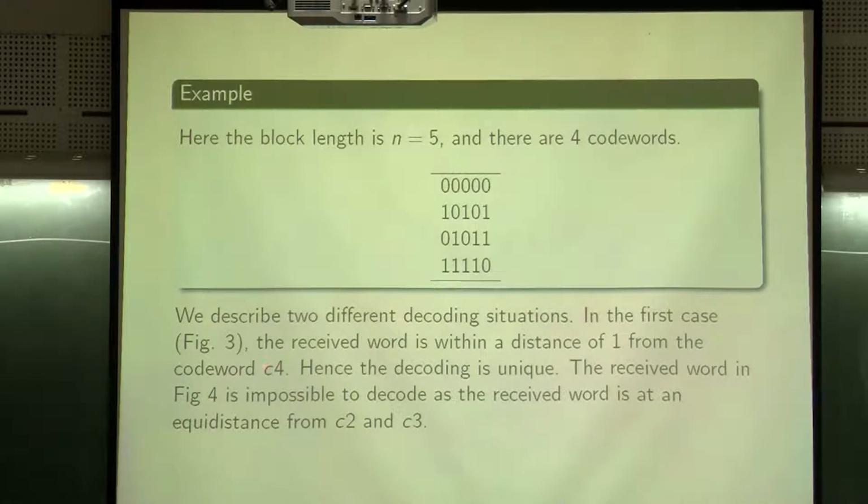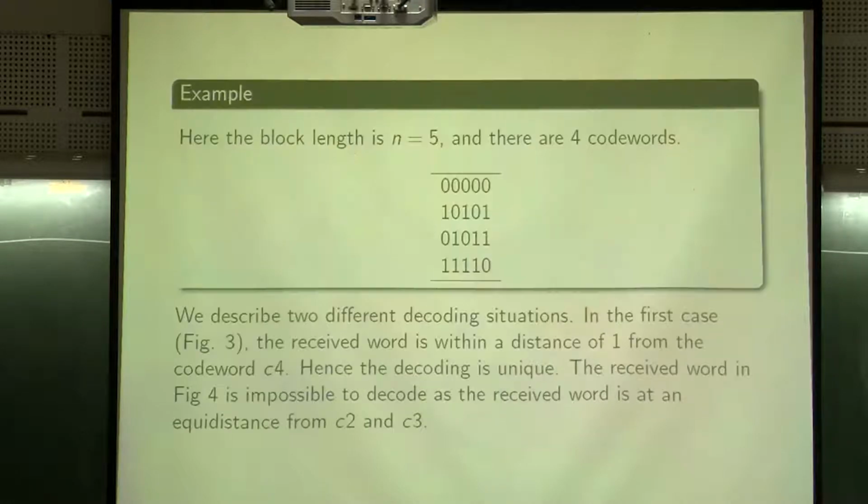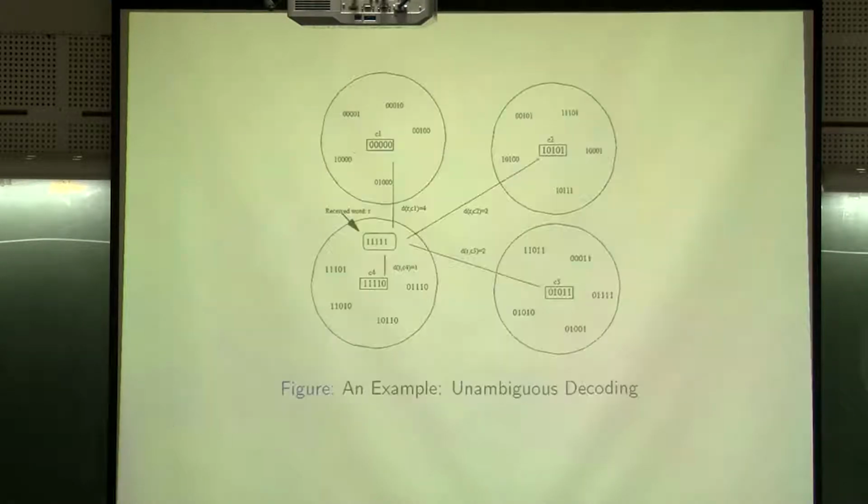We describe 2 different decoding situations. In the first case, in figure 3, the received word is 111. Okay, so this is the received word, and we look at each code word C1, C2, C3, C4, and we have computed all the vectors which are at a distance 1 around each of these code words.